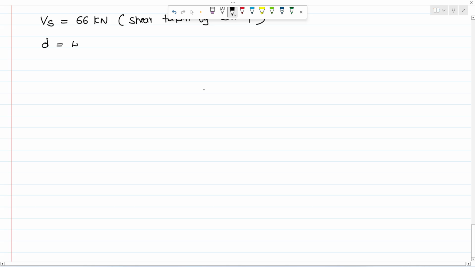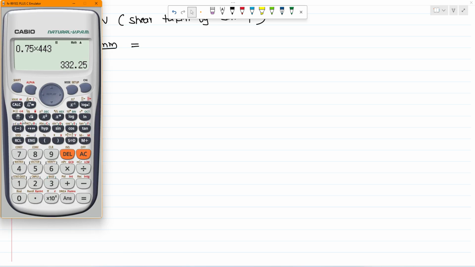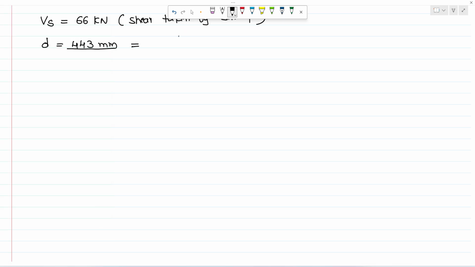Next, effective depth 443 millimeter. So convert this value to centimeter, divided by 10. So 443 divided by 10 will be 44.3 centimeters. Next, you calculate Vs by D value.